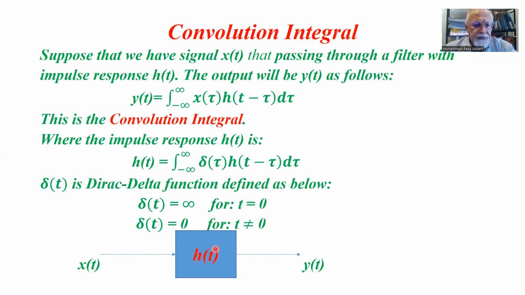This channel, this filter could be any filter, digital filter, or any kind of filter with the impulse response of h(t). And what is the impulse response of h(t)?